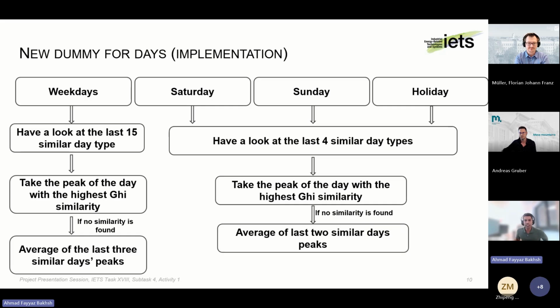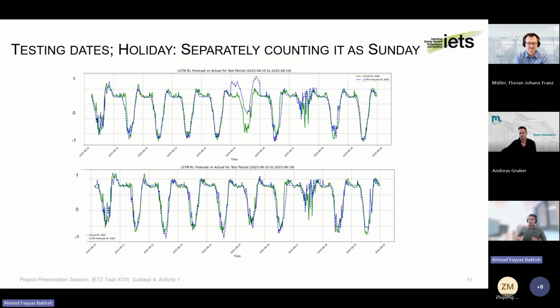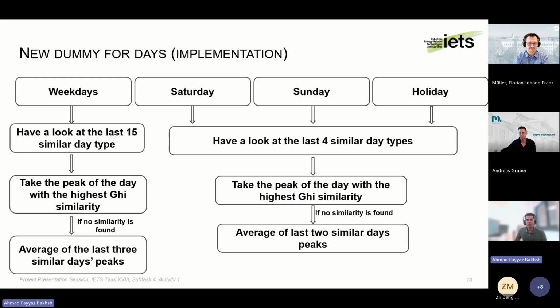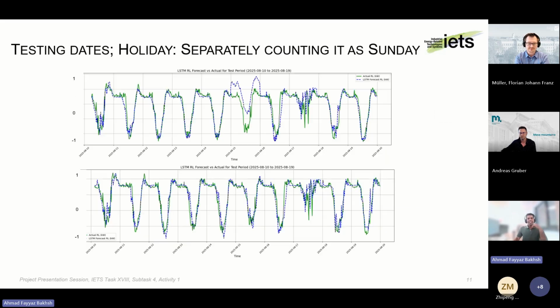And the holiday, we count differently. So here you can see the 10 days of the testing date. Here you can see that we have holidays separated.